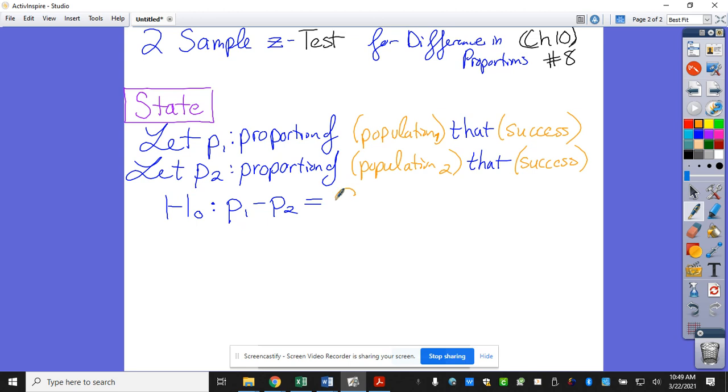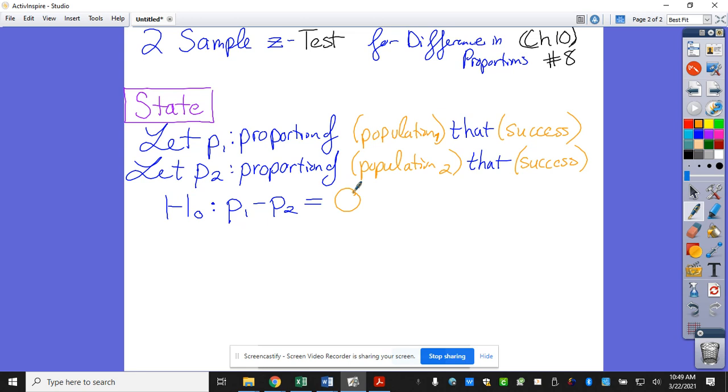I'm writing this in my other color, but I'm writing it as 0. Technically, that can be a number other than 0. But as far as this class, we don't deal with that much. I might want to check to make sure that one of them is at least 20% higher than the other one, in which case I'll put 0.2 there.